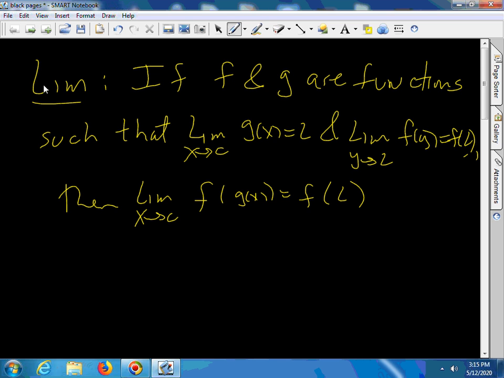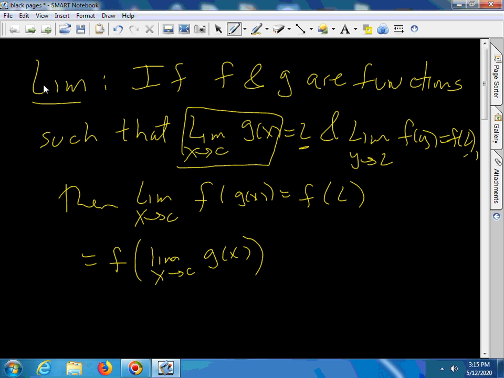Now let's look at that a little bit more closely. What is f of L? Well, it's f of L. But L is the limit as x goes to c of g of x. Now, what is this really saying?